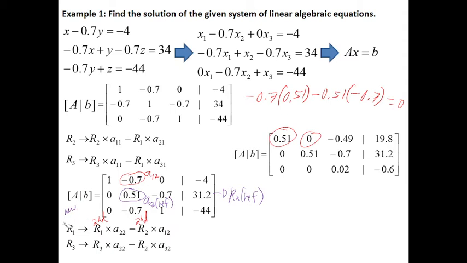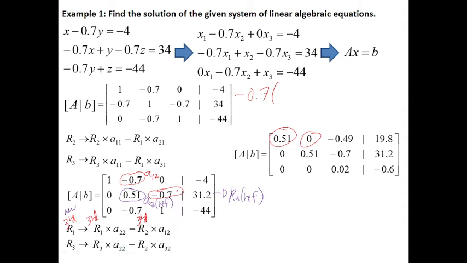Then, third. No? So, third naman is ito, negative 0.7 times negative 0.7. Tama ba? Sorry. R1 third.